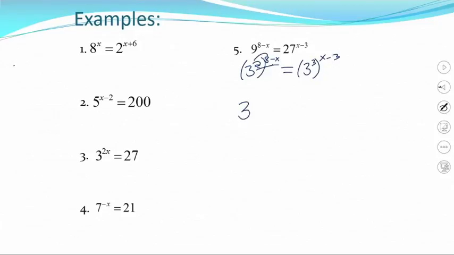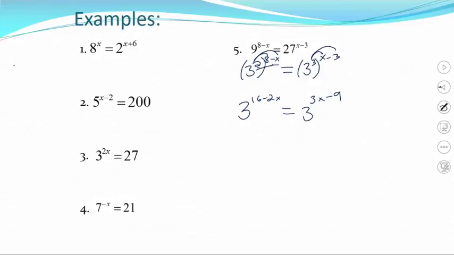We'll get 3 to the 16 minus 2x power. And then we'll do the same thing for the next one, distributing this 3 to both x and negative 3. So 3 times x would be 3x, and 3 times negative 3 would be negative 9. So we have 3 to the 16 minus 2x power, and 3 to the 3x minus 9.